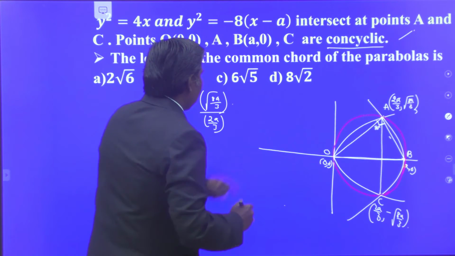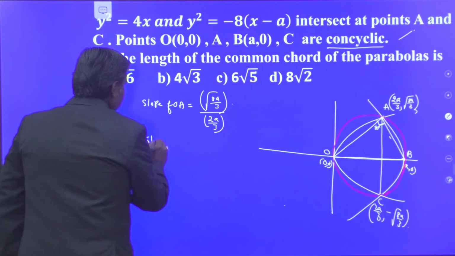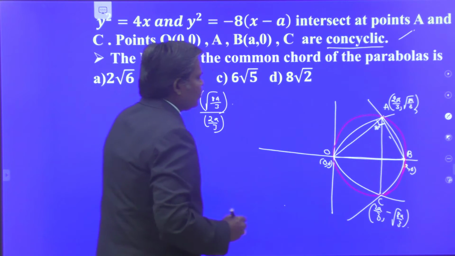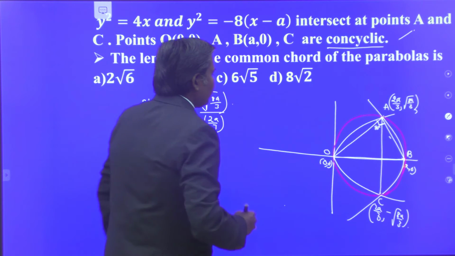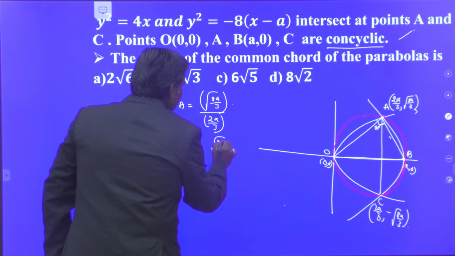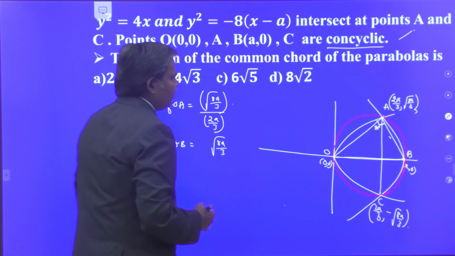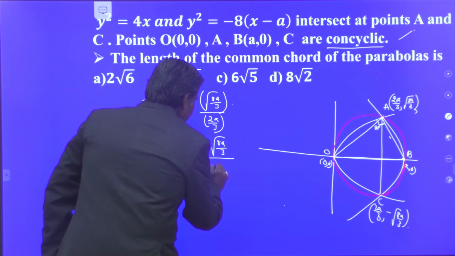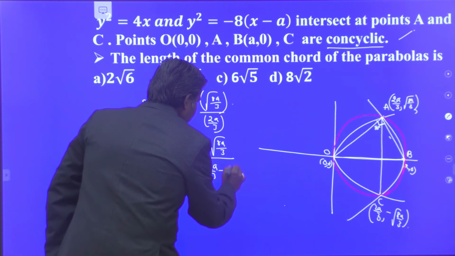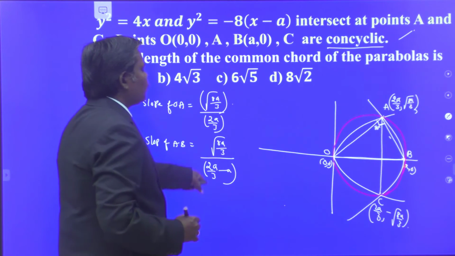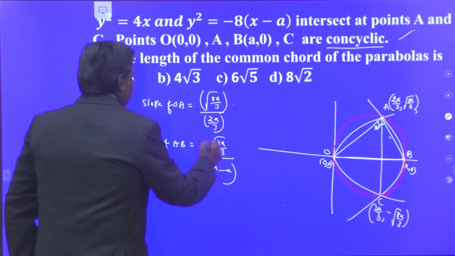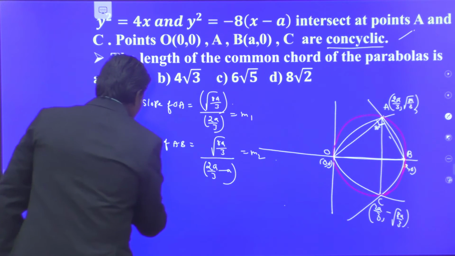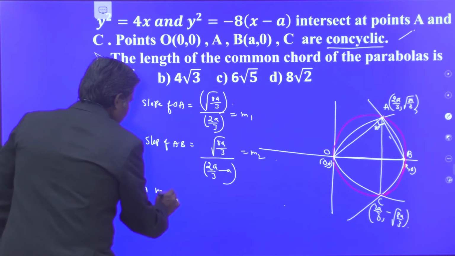Slope of AB is equal to root of 8a by 3 minus 0, that is nothing but root of 8a by 3 by 2a by 3 minus a. Okay, now its product is what? Minus 1. This is say m1, this is say m2. m1 m2 is equal to minus 1.